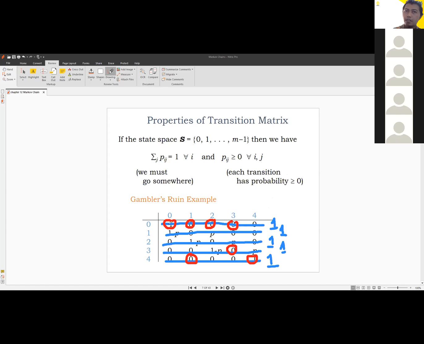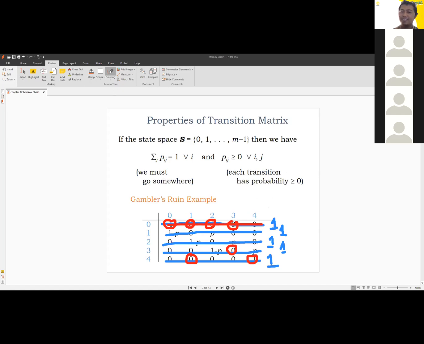Here, the total should be 1, and each element should be equal to or greater than 0. Any questions?